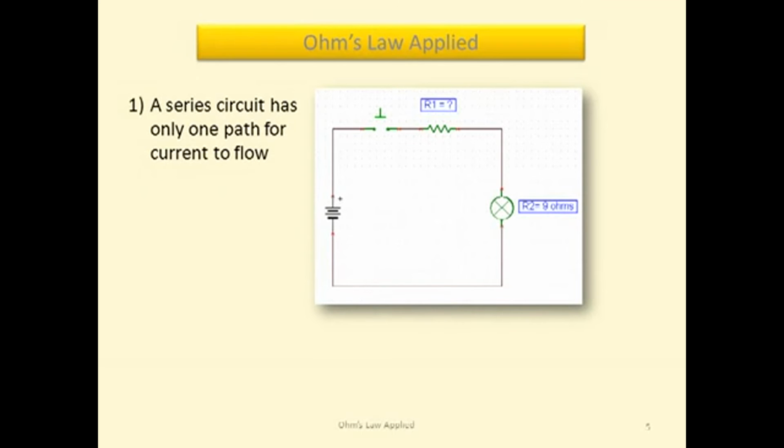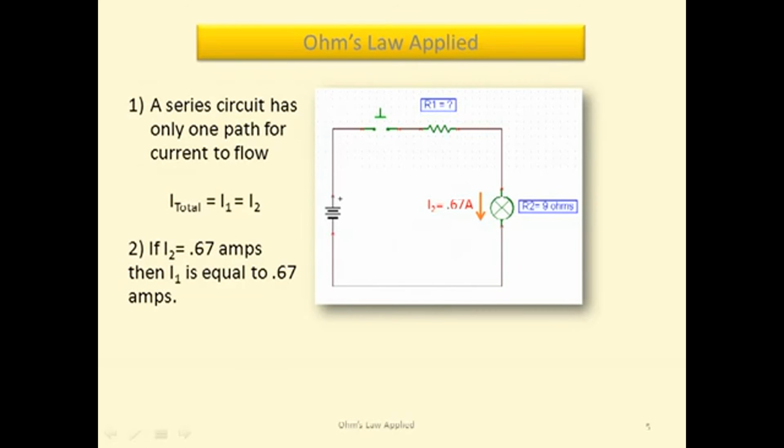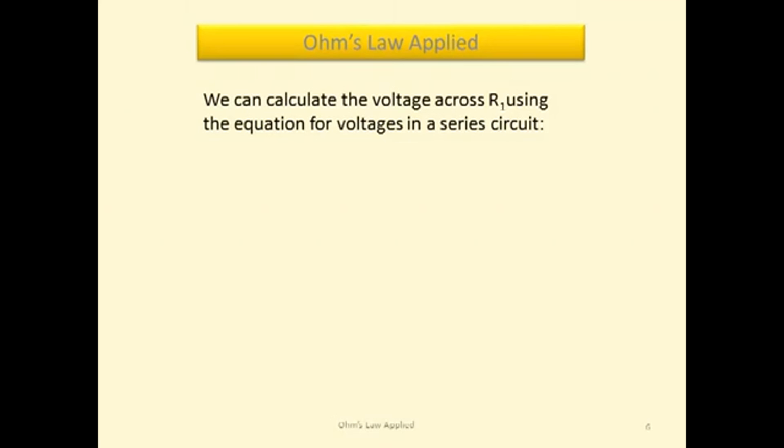A series circuit has only one path for current to flow. I total is equal to I1 is equal to I2. If I2 equals 0.67 amps, then I1 is equal to 0.67 amps. We can calculate the voltage across R1 using the equation for voltages in a series circuit.